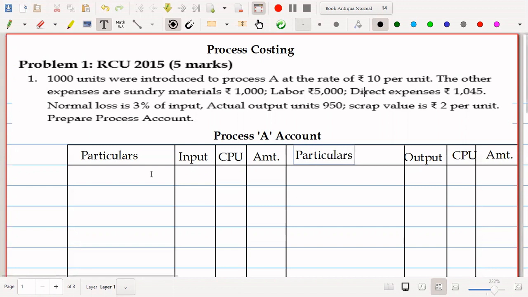And let's start doing this problem. On the debit side, as I said in my last session, we have to give whatever units we have introduced, its amount, and also expenses and abnormal gain, if any. So let us start now.